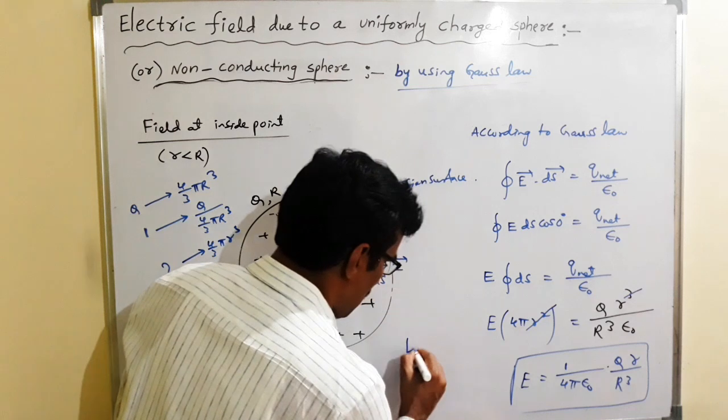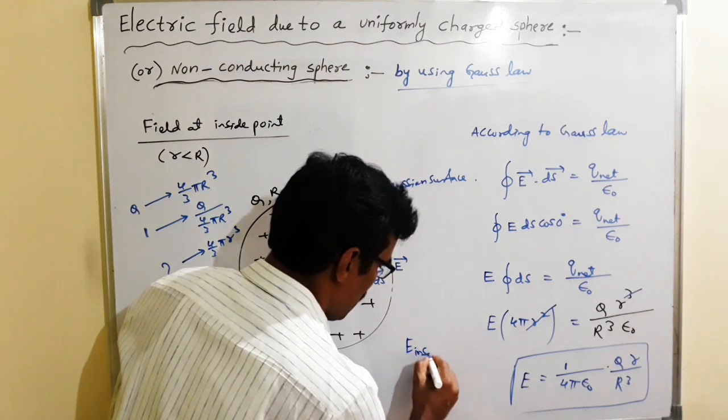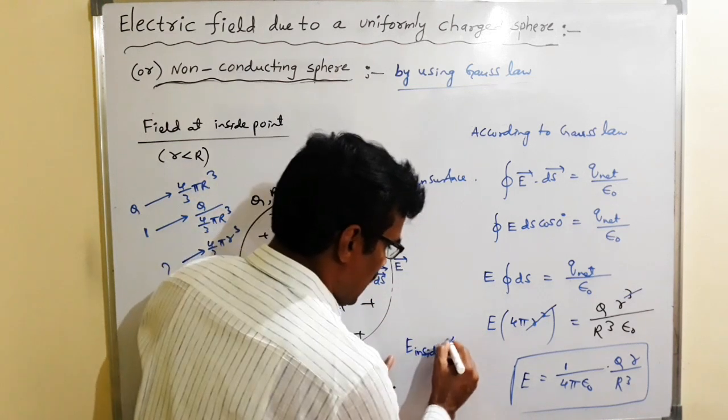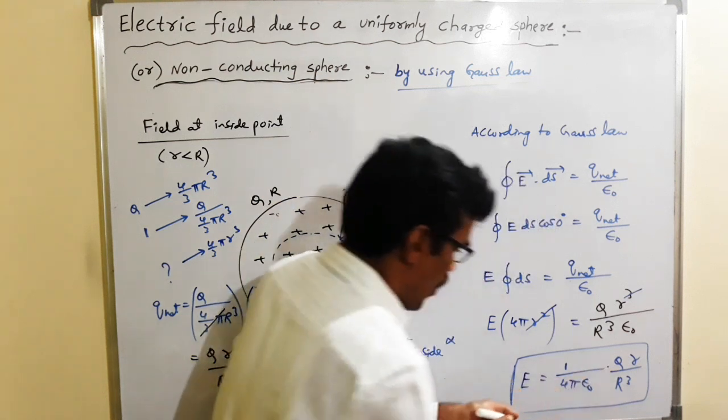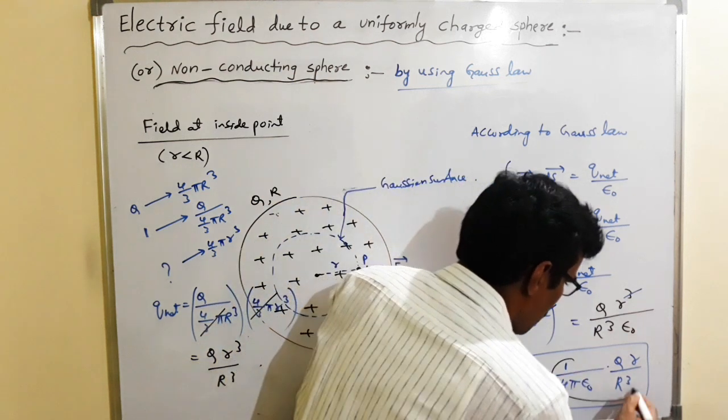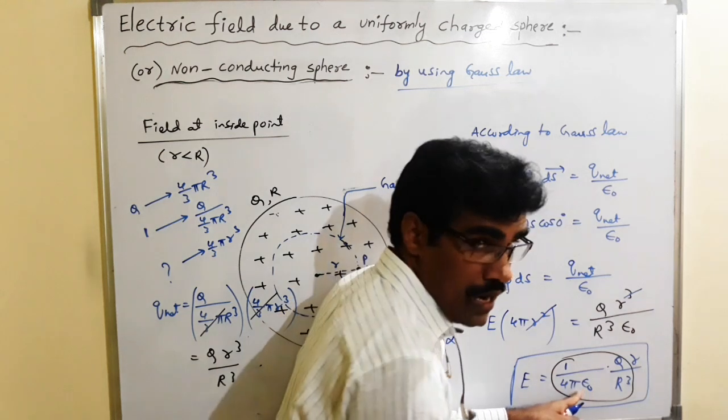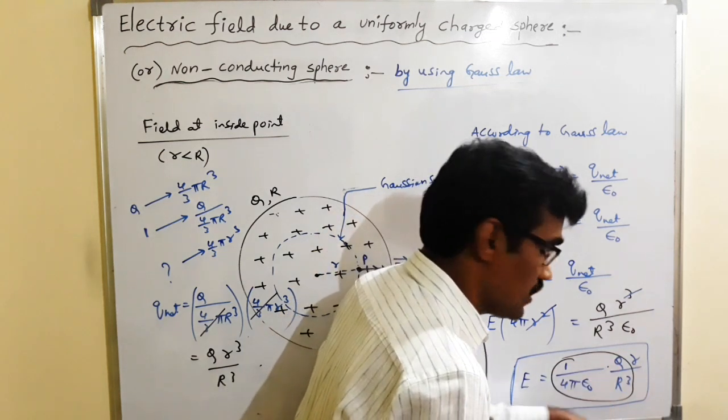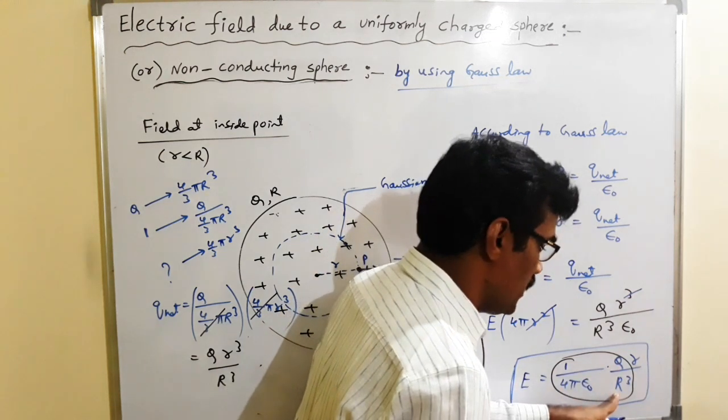So the field inside is directly proportional to small r; the rest is the constant term. You should remember that 1 by 4 pi epsilon naught is constant, Q is the total charge, also constant, and R cube is constant.